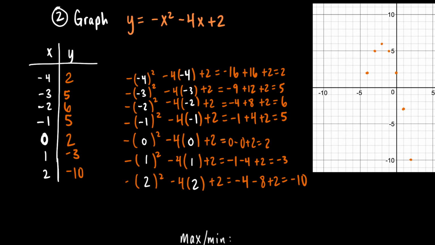And just for symmetry purposes, since we have a point here, I'm just going to bring it over and drop another one there. And since we have a point here, I'll bring another one over and drop it right there, since we know that these are symmetrical. Okay, and now we'll go ahead and graph this. So we'll just draw a curved line there. Yeah, I messed that one up. Let's try that again.